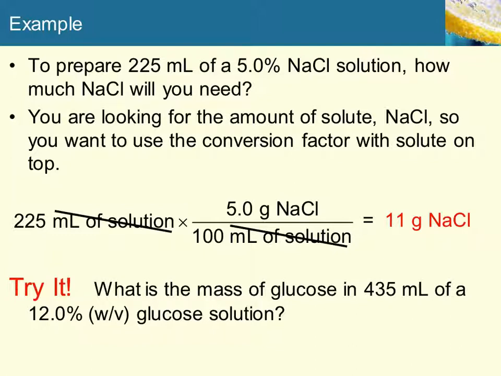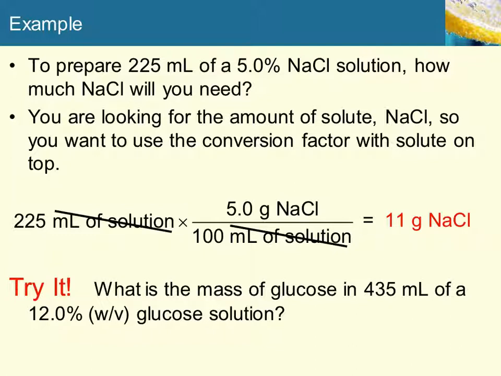So a 5% solution means 5 grams over 100 mL. So if I started with 225 mL of solution, I know that milliliters has to be on the bottom, and my units cancel, so it's 225 times 5 divided by 100 will give me 11 grams. It's actually 11.25 grams, but they round it down.